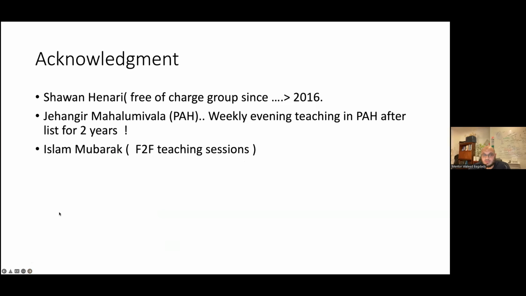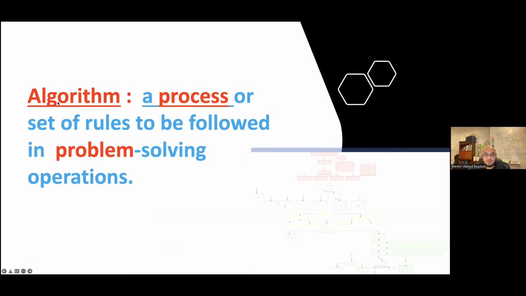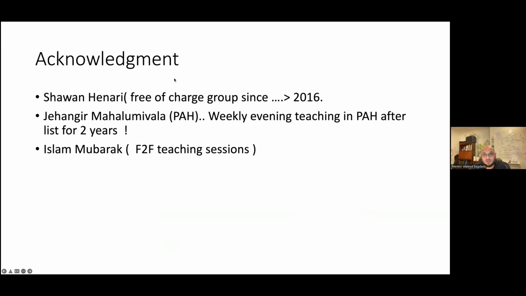First of all, I have to do acknowledgement. Shwan, who is our mentor since a long time, and at the same time, he's someone who is running free of charge this group. As far as I know, from 2016, when it was on WhatsApp, then shifted to Telegram. Mr. Jahangir Mahalakshmivala, who is a consultant lower limb surgeon in Prince Alexander Hospital.